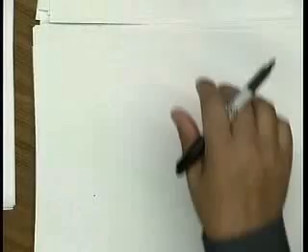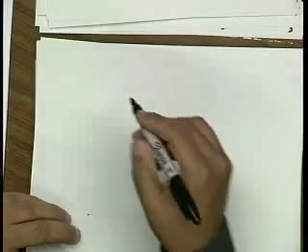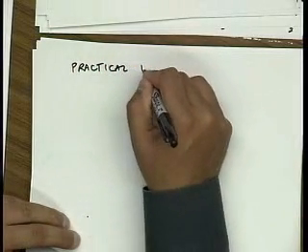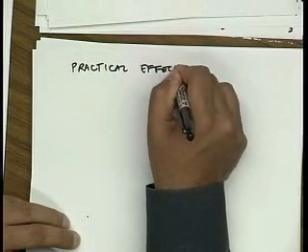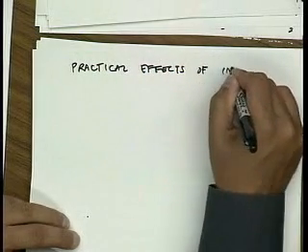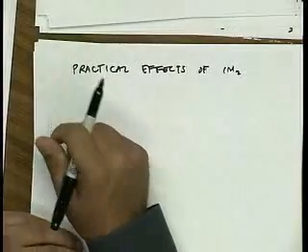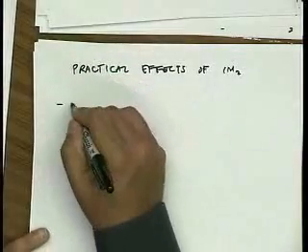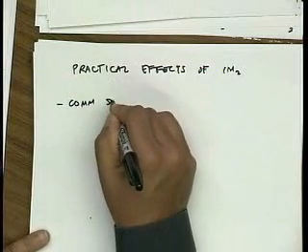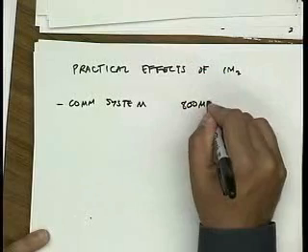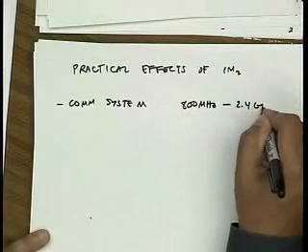All right, so what are some of the practical effects of IM2? So let's say we have a communication system that uses the bandwidth from 800 megahertz to 2.4 gigahertz.